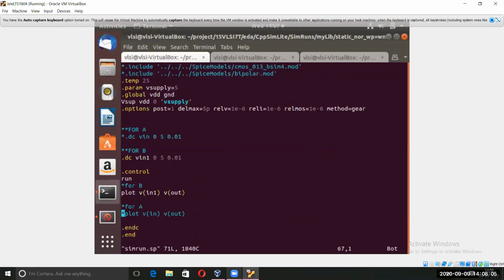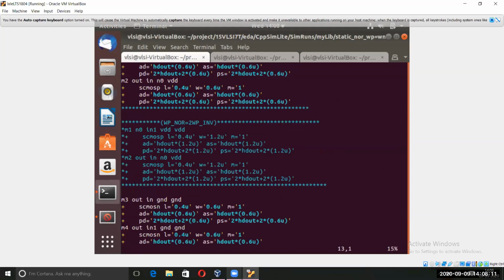So here, Prachita has shown you 3 curves. When A is equal to 1 and B is equal to 1, that means both A and B go from 0 to 1.